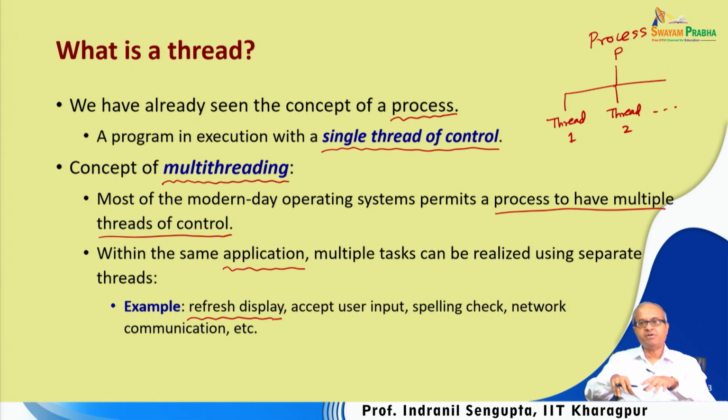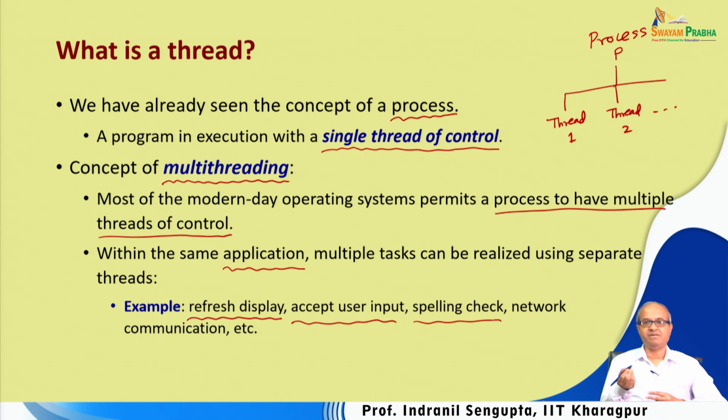At the same time you are typing something on the keyboard, so there must be a program which is accepting the user inputs. As I said, when you are typing, sometimes you see some words getting automatically underlined, indicating that possibly there are some grammatical or spelling errors there. So, some spelling check is automatically going on.